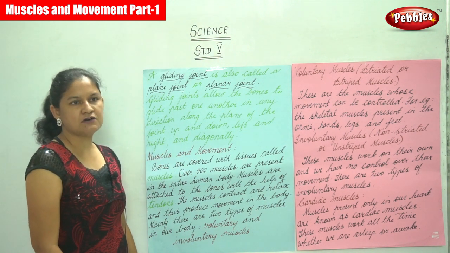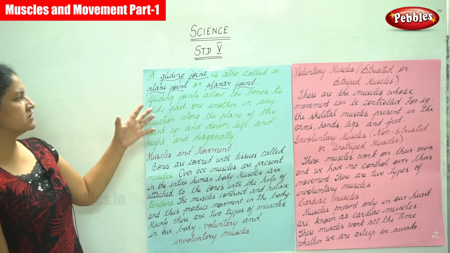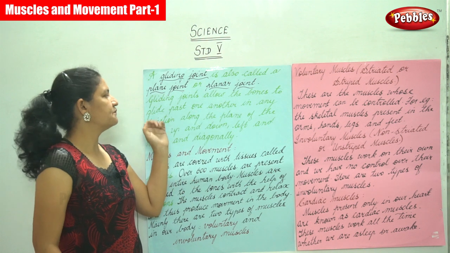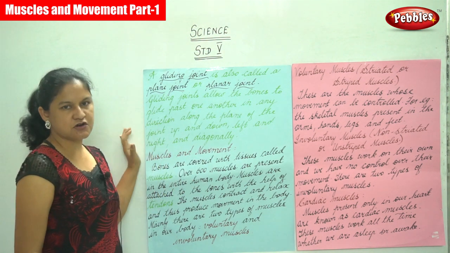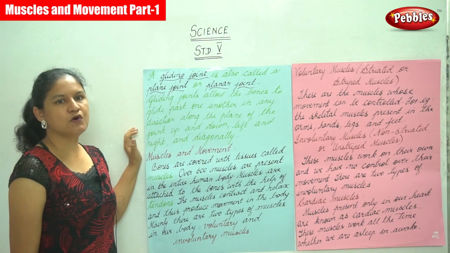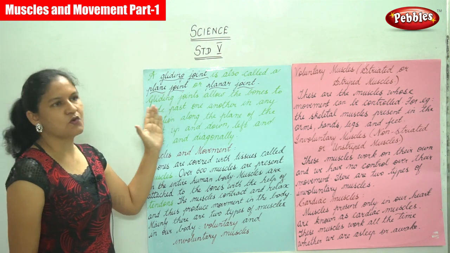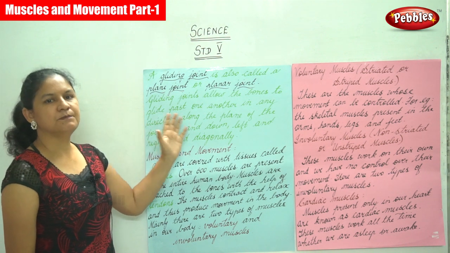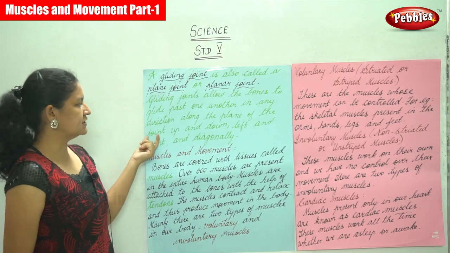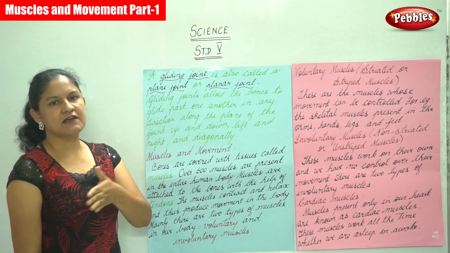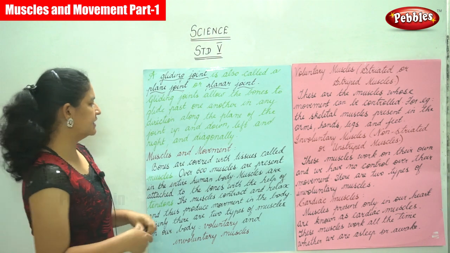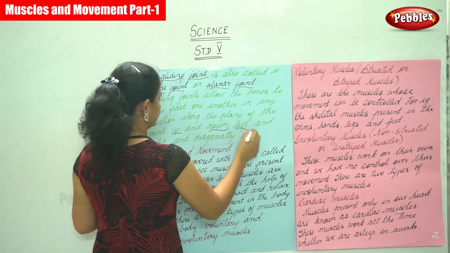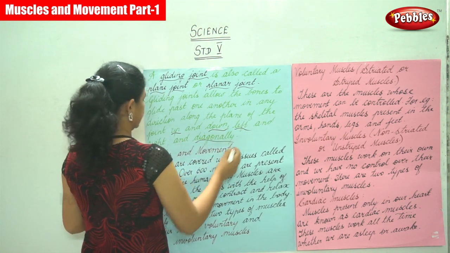So the purpose of the gliding joint is to allow the bones to glide past one another in any direction along the plane of the joint, that is up and down, left and right, and diagonally.